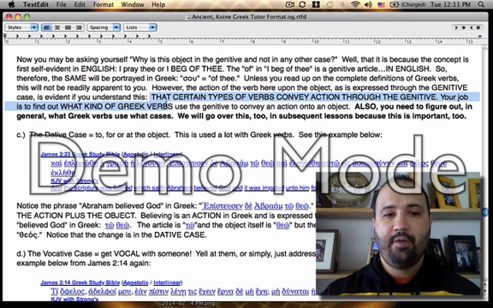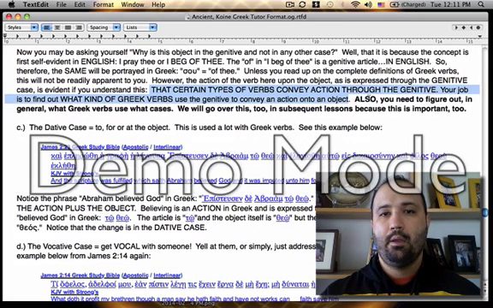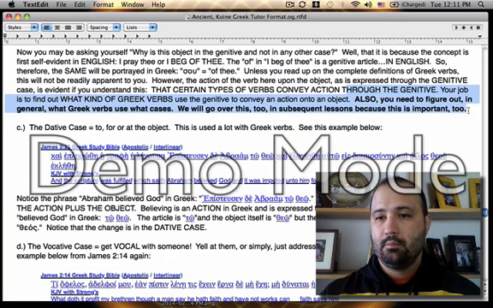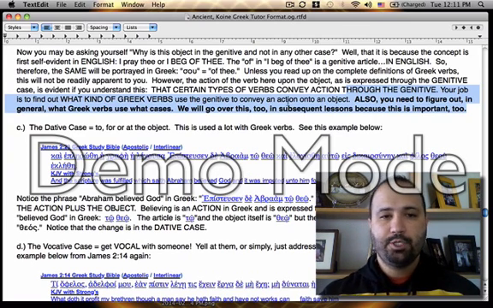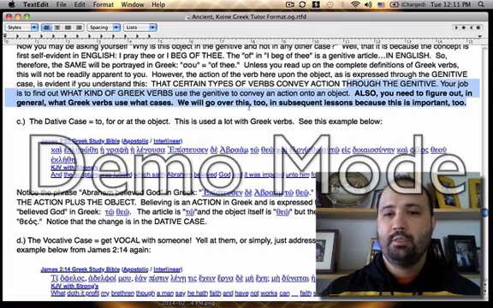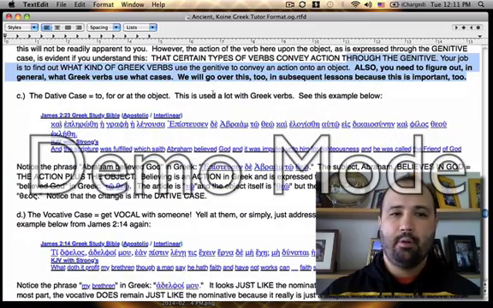Your job is to find out what kind of Greek verbs use the genitive to convey an action onto an object. You can go over an exhaustive Greek verb chart for that. Also, you need to figure out, in general, what Greek verbs use which cases. We will go over this too in subsequent lessons because this is important too.